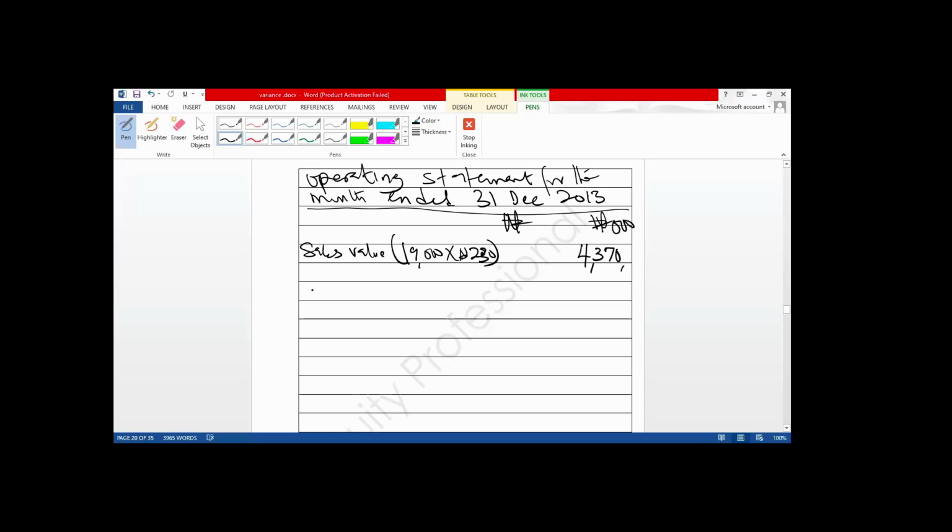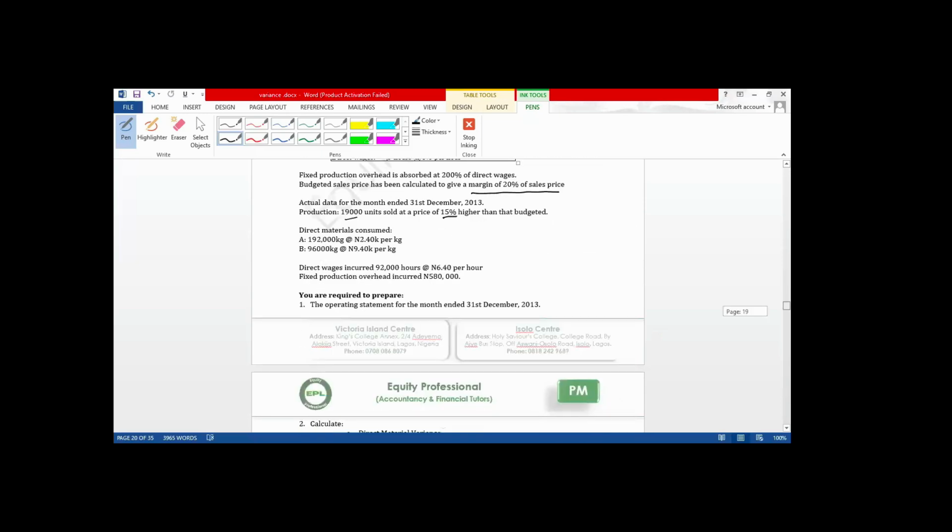Now go to your cost. Your material cost, actual. You have two types of material, material A, material B. Come to the actual. We purchased 192,000 kg at a price of 2 naira 40 kobo.